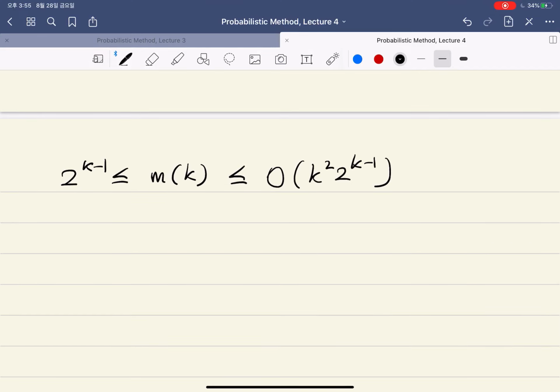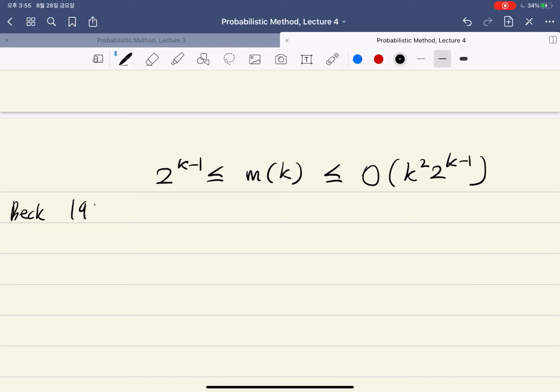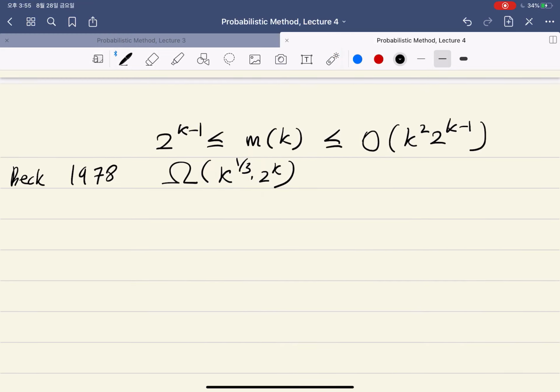And later, back in 1978, a lower bound of K to the 1/3 times 2 to the K was proved. So this is just the exponential, and here you multiply by some polynomial.